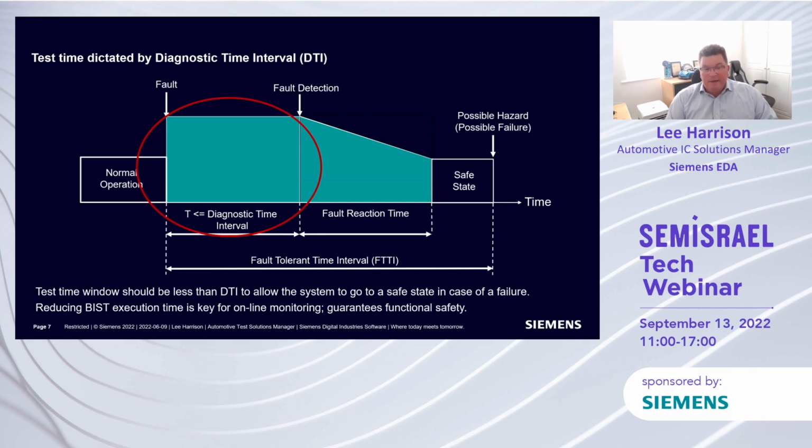It takes a set amount of time to detect it, which is the diagnostics time interval, and then it takes a certain amount of time to react to that fault and put everything in a safe state. So that is your complete fault tolerant time interval. And really the bit that we have control of and have focus on is the diagnostics time interval.